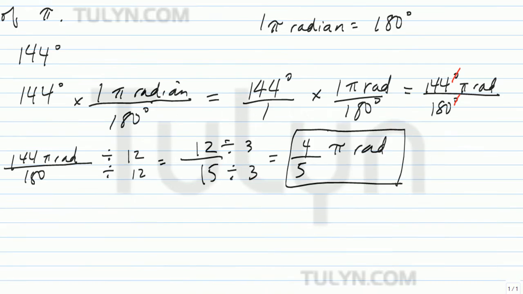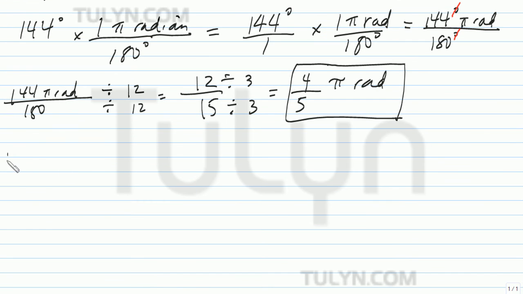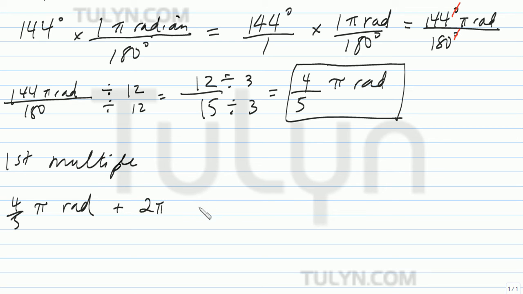And then what you're going to do is represent it as multiples. So first multiple. The formula is you take the number of radians, theta, and you add 2 pi times the number, let n equal the number of multiples of pi.